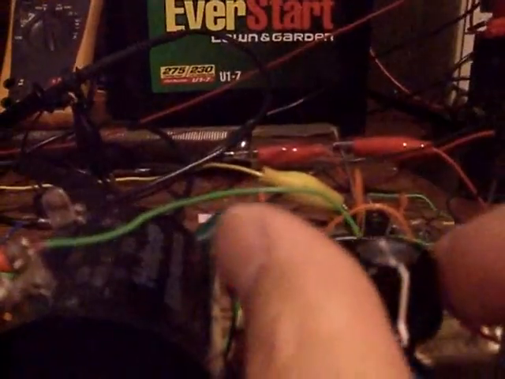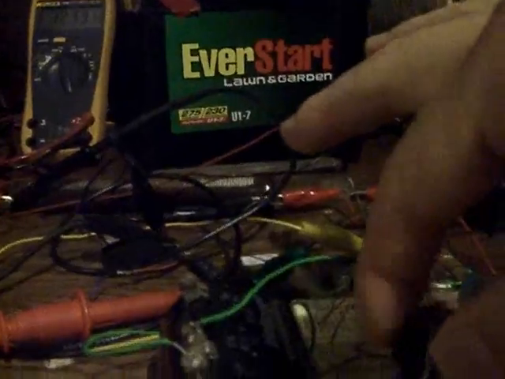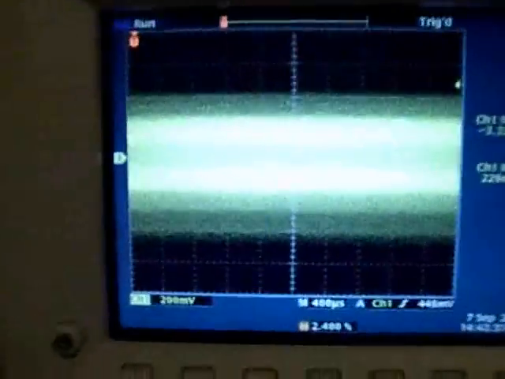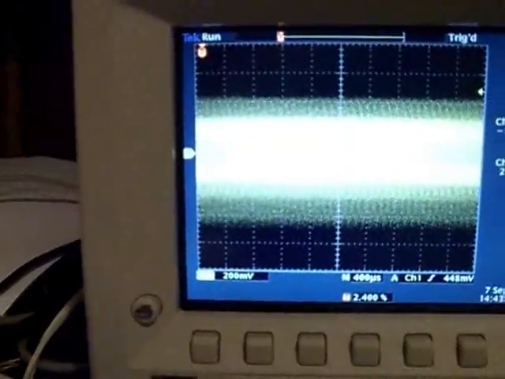This off time knob all the way counterclockwise is 0 off time, and this is maximum off time. Minimum off time, maximum off time. Okay, I'm at minimum off time with the gate set at that nonlinear region at the lowest amplitude.